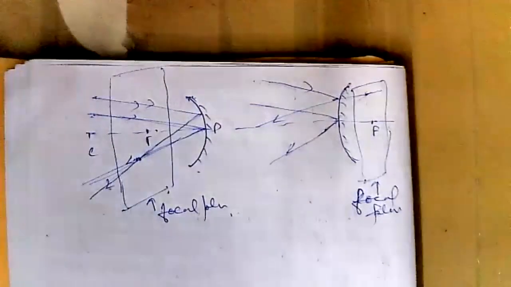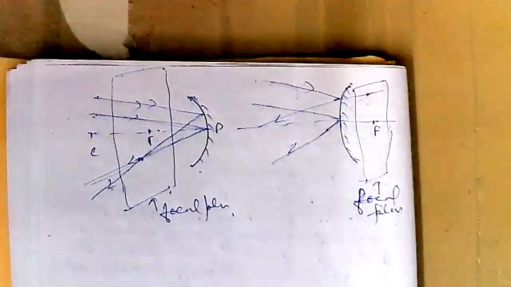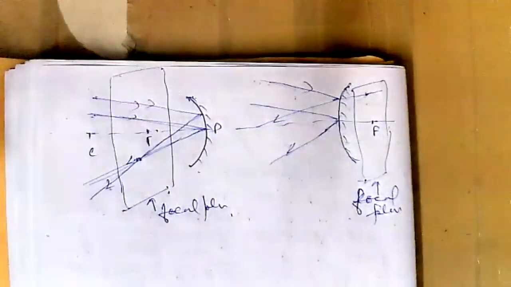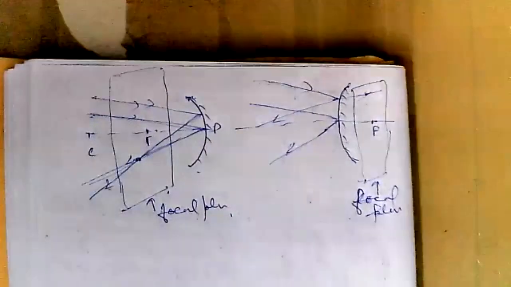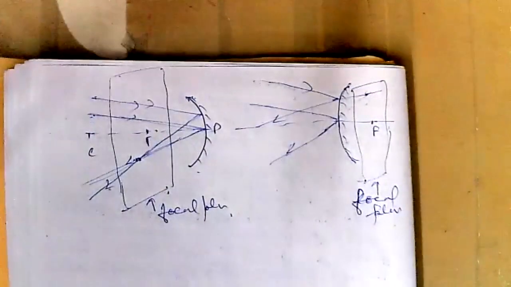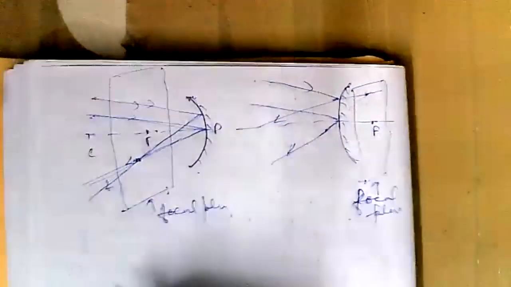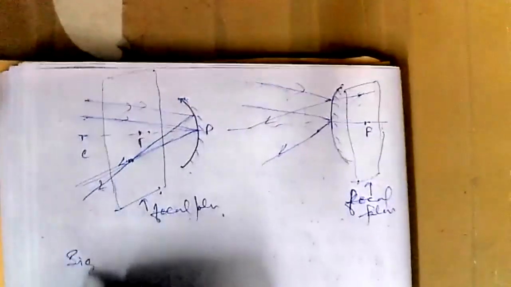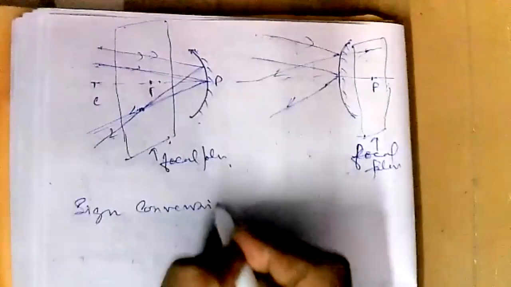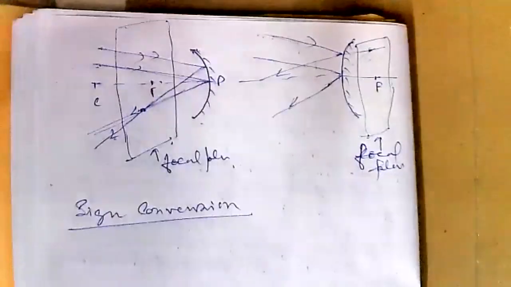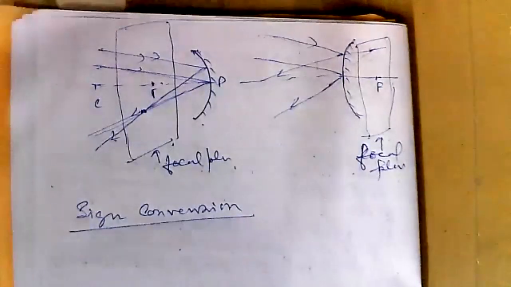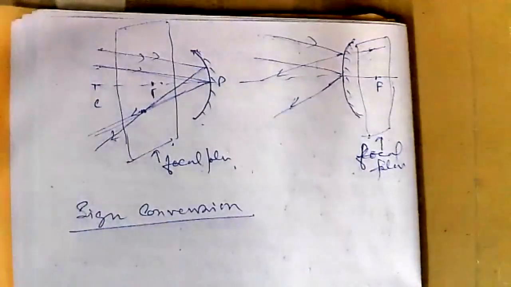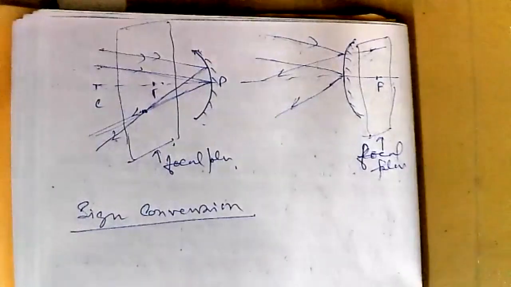Now, whenever we discuss ray optics, we need to follow a certain sign convention. Which distance we will consider positive and which distance we will consider negative, this is called sign convention.